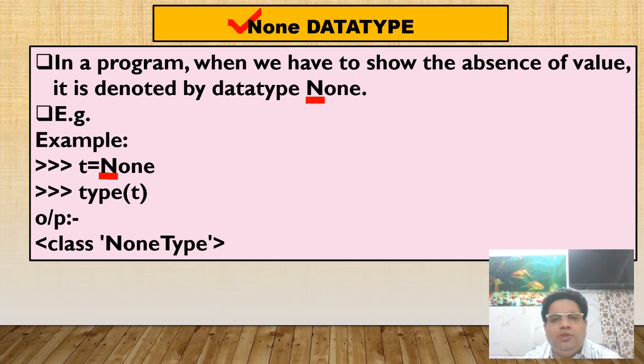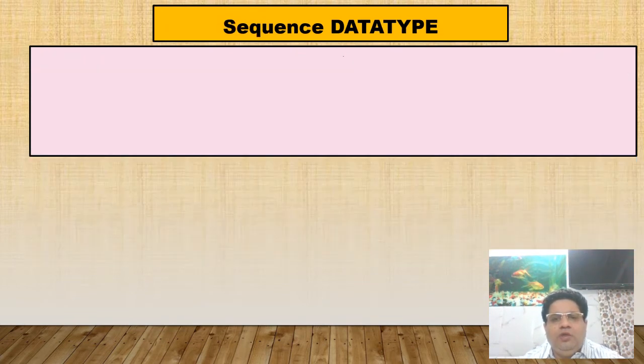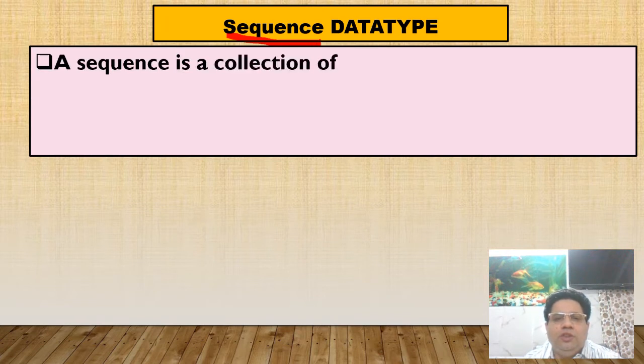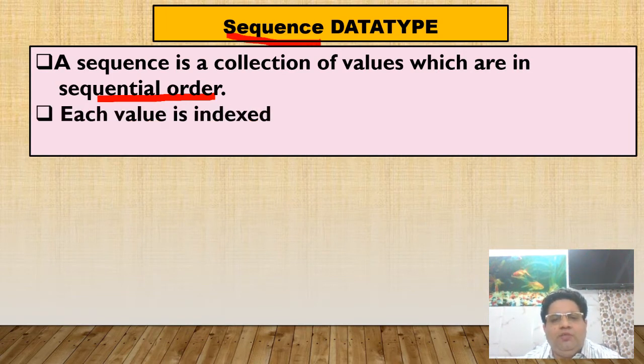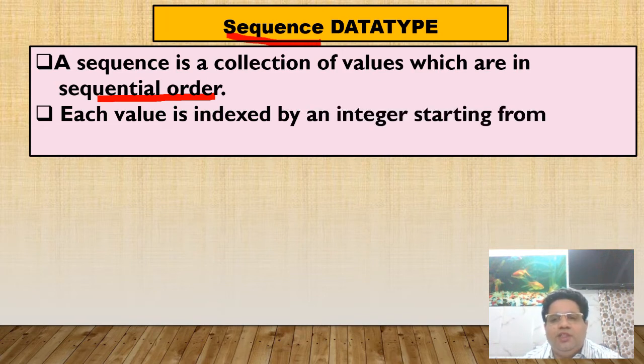So this we will use in the coming tutorials. Now sequence data type. What is a sequence? It means it is a collection of values. So whenever you find this word sequence in Python, it means it is a collection of values. It can hold multiple values in it which are in sequential order, and each value can be referred using an index starting from 0.